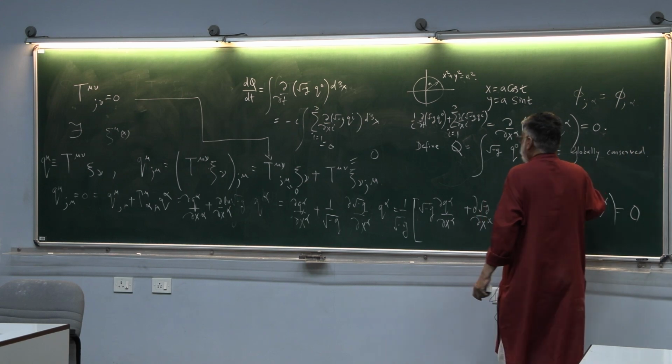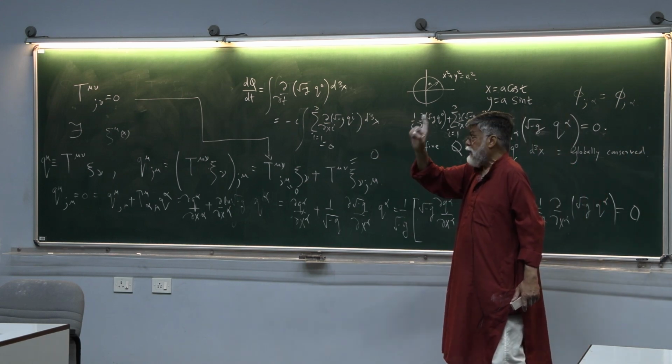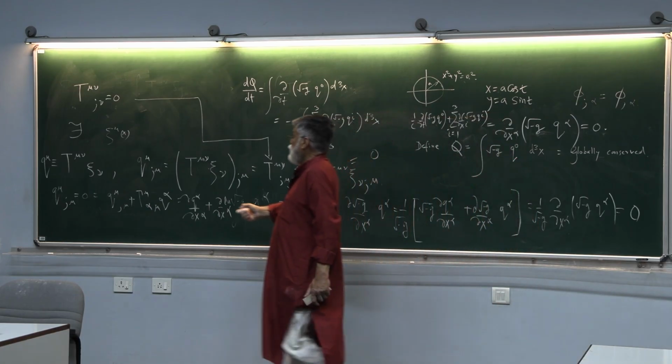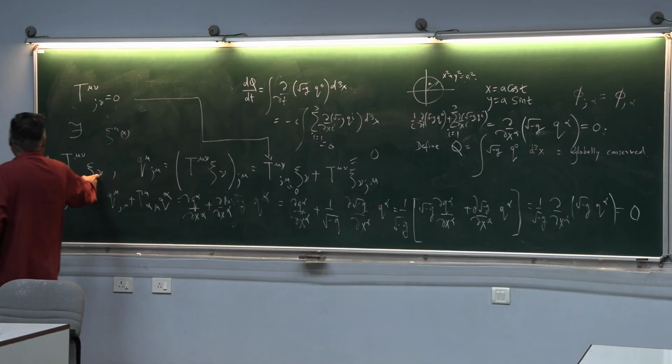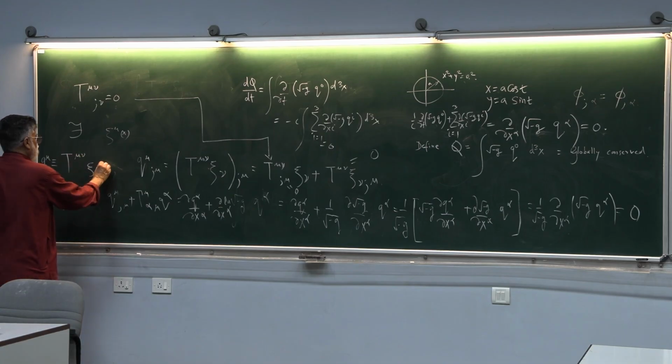So in other words, if your xi mu is a time-like Killing vector, if your xi mu is 1, 0, 0, 0, then this object can also be written as g nu alpha T mu nu xi alpha.